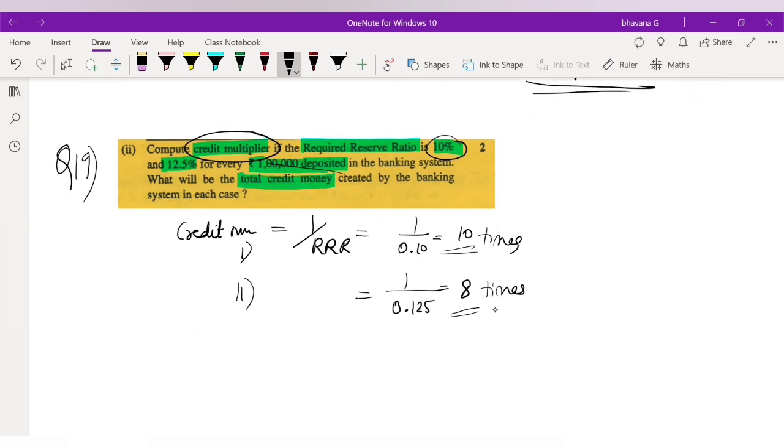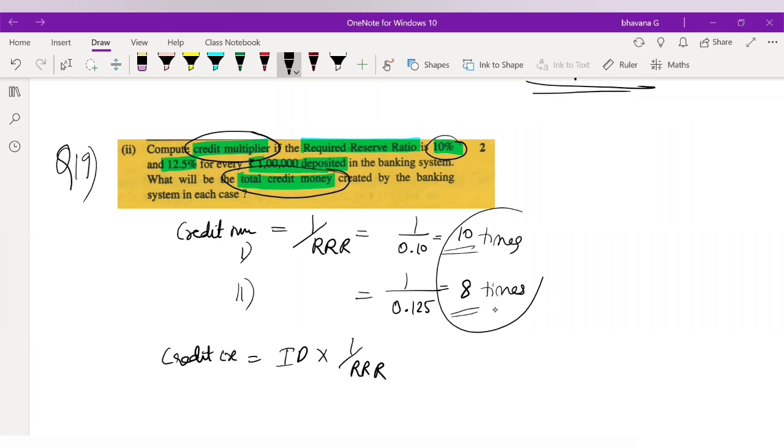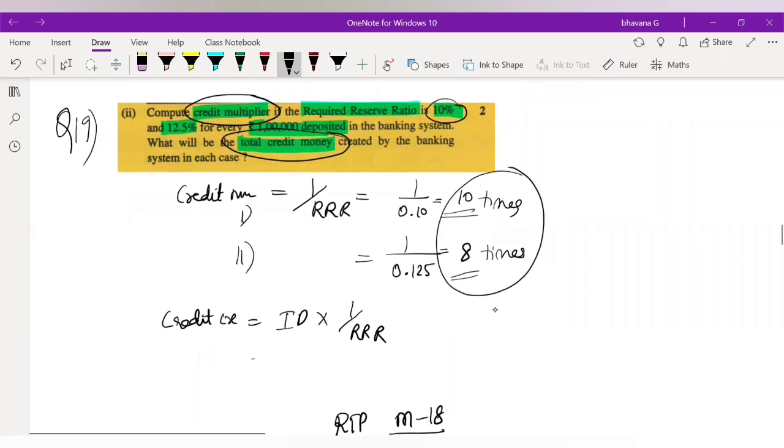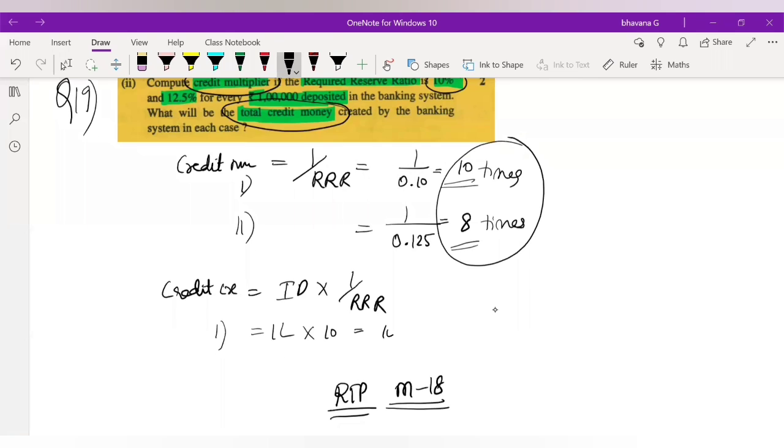Next in the question, they have told you to find out the total credit money. That is nothing but your credit creation. What was the formula for credit creation? Initial deposit into 1 by RRR. Here 1 by RRR we have already found, so we will directly substitute. So initial deposit in the first case is 1 lakh into 1 by RRR, which is 10 times, so 10 lakh.